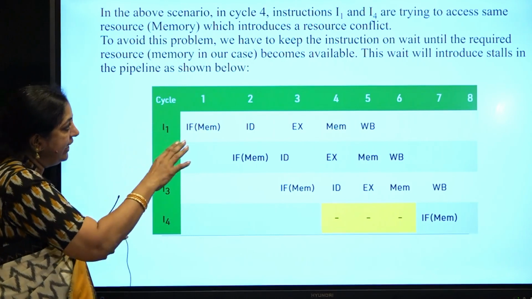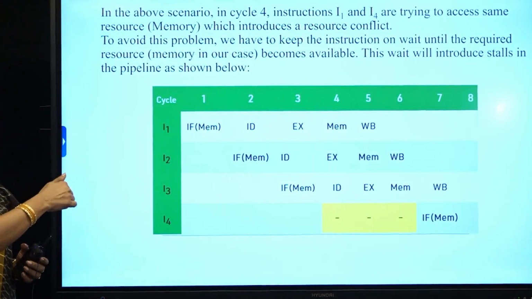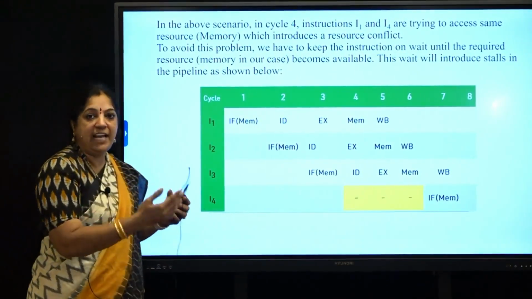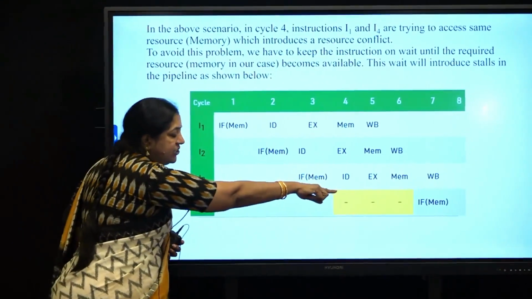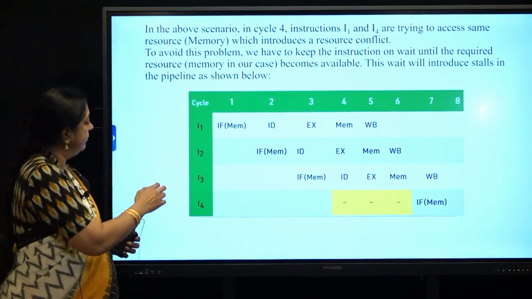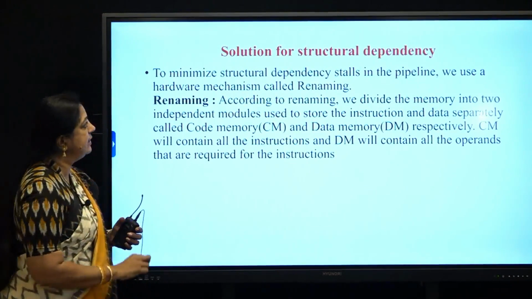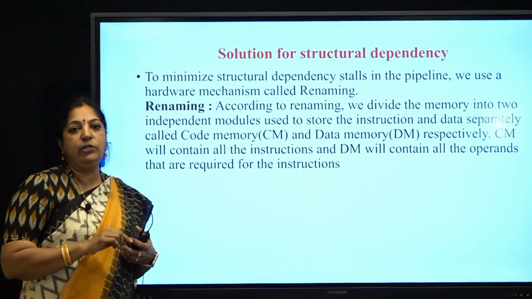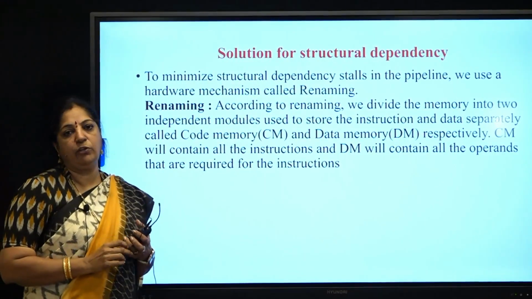So we will wait until the required resource, here in our example the required resource is memory. So whenever it becomes available, then we fetch the instruction. So this is one solution for how we can overcome this structural dependency. One more solution for structural dependency is, now we do not want to delay that, we want to execute simultaneously.